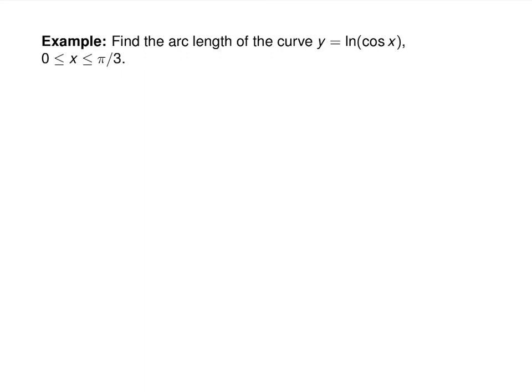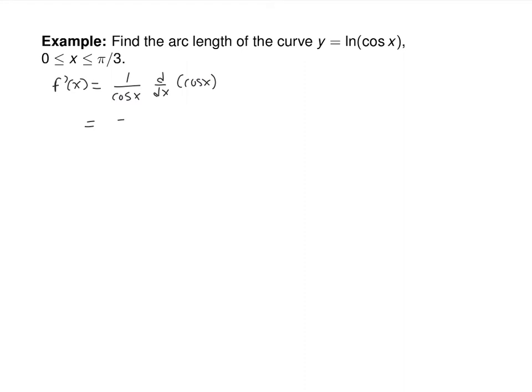All right, so find the arc length of the curve y equals ln of cosine x between 0 and pi/3. So let's just start by figuring out what f prime is, because we're going to need that for the formula. You have to remember the chain rule. The derivative of ln of something is 1 over the something times the derivative of the something.